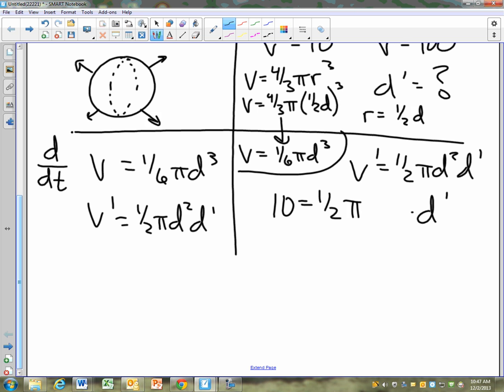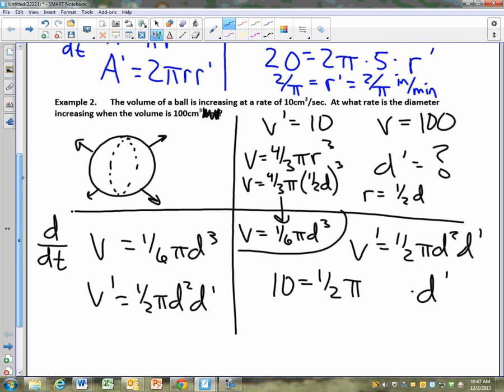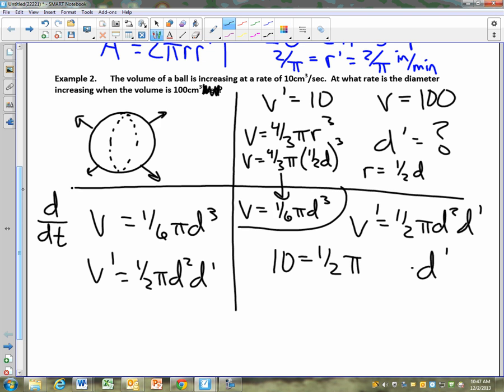Now, did everybody catch what Larry said originally? He said we need to know the original diameter, or the diameter at that time. We need to know the diameter when the volume is 100 cubic centimeters. What is the diameter at that point? Because I've got to substitute that in here, don't I?